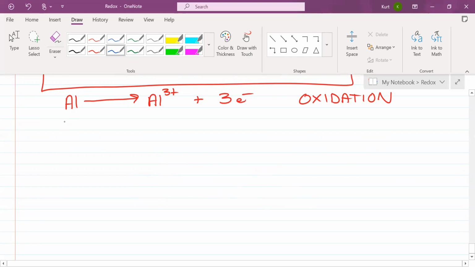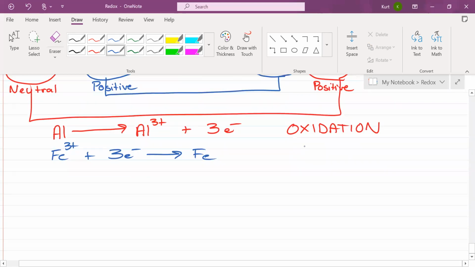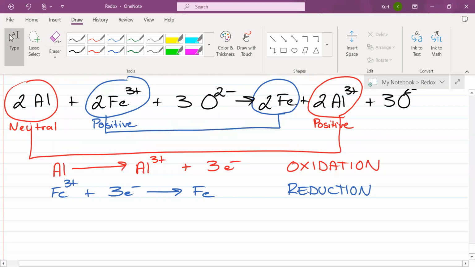Okay, so we have iron 3 plus 3 electrons yields neutral iron. Jade, it gained 3 electrons. Is this oxidation or reduction? That is correct. And then lastly, Kayla, what is the charge of the oxygen over here on the reactant side?